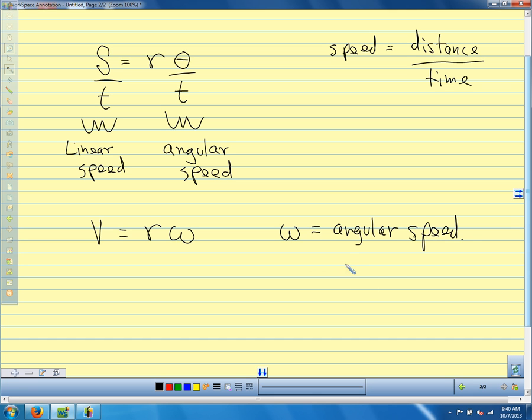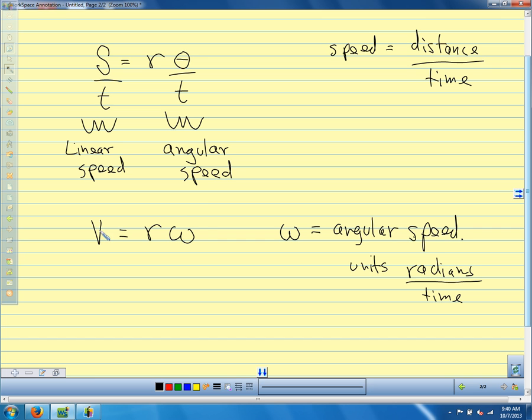And our units of angular speed are radians per unit time. So our linear speed is distance per time. Our angular speed is radians per time. So radians per second, radians per minute, radians per hour, something like that.